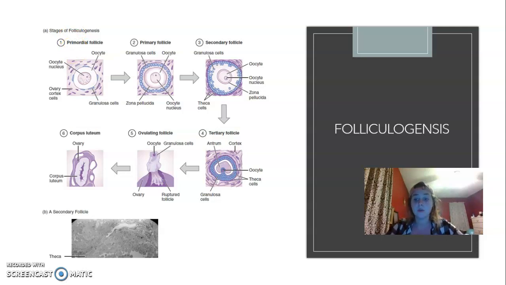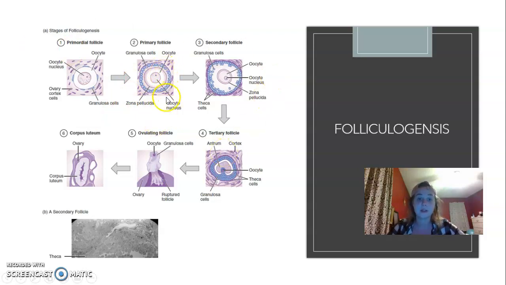These are present in newborn females, and they have a single flat layer of support cells, referred to as granulosa cells. These surround the oocyte, and stay in a resting state until after puberty, where a few of these primordial follicles join another group of immature growing follicles called primary follicles.